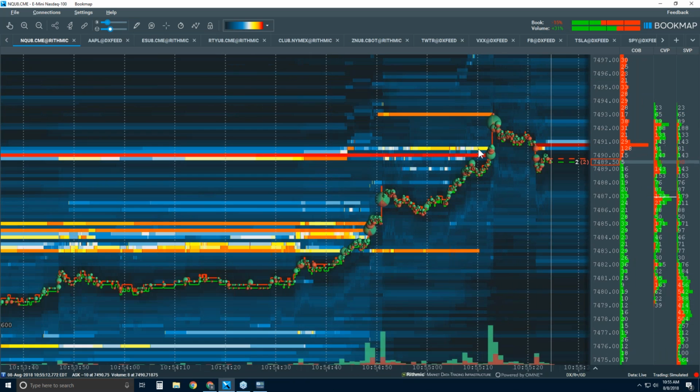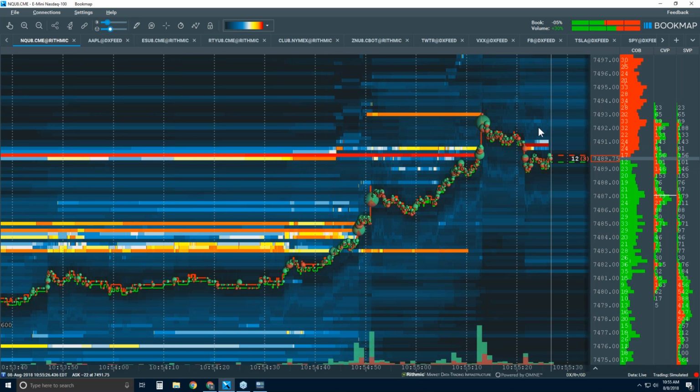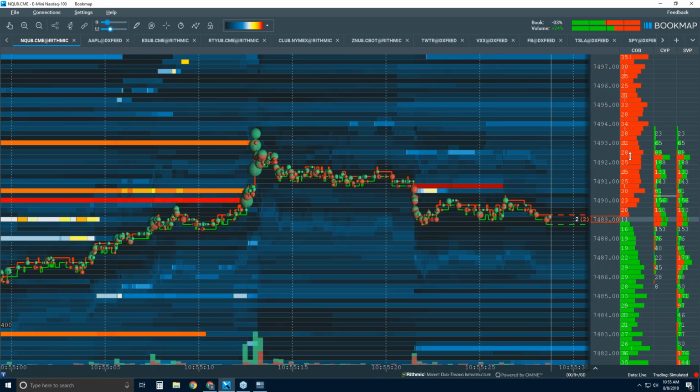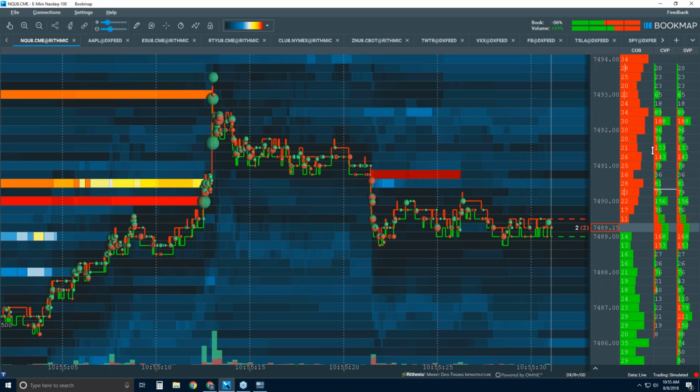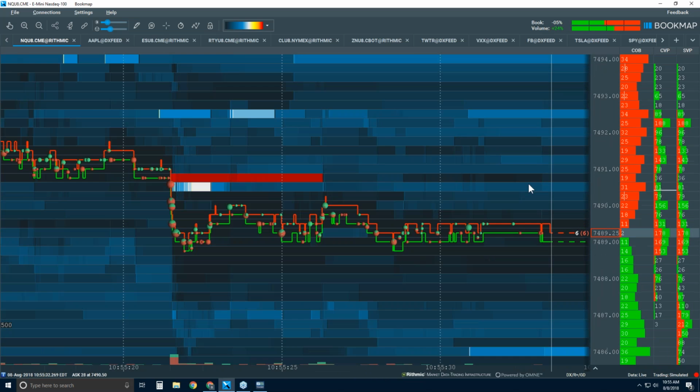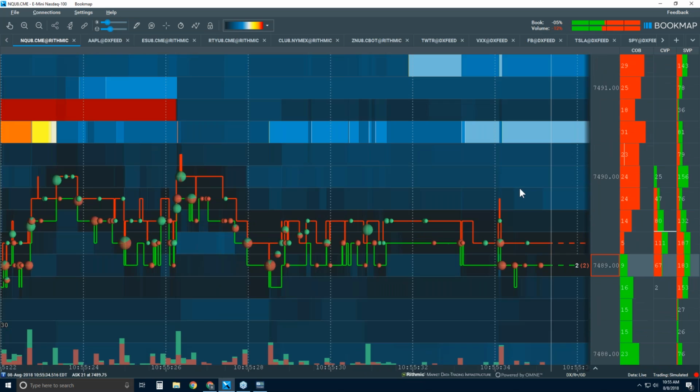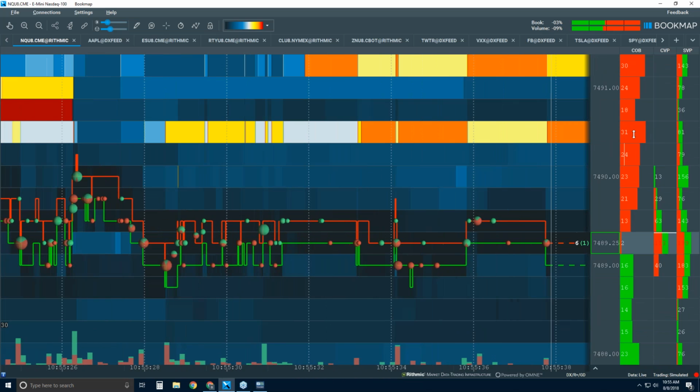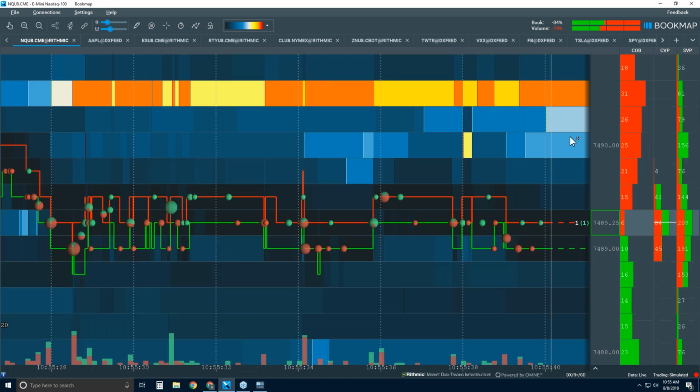So the liquidity, we know the numeric values here, what that is and what it represents, and then we take that data and turn it into a graphical representation. When the number changes here, you'll see the heat map change.